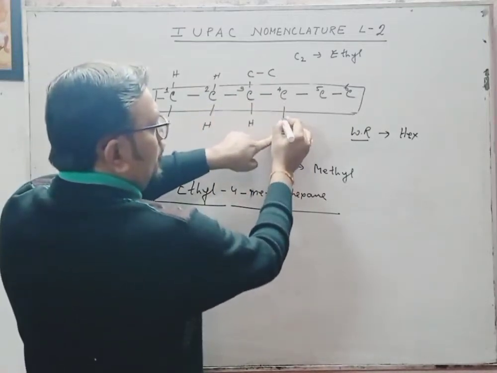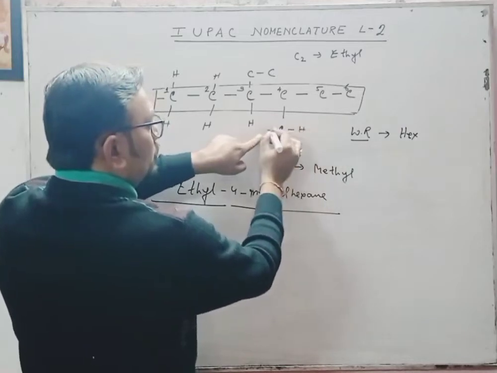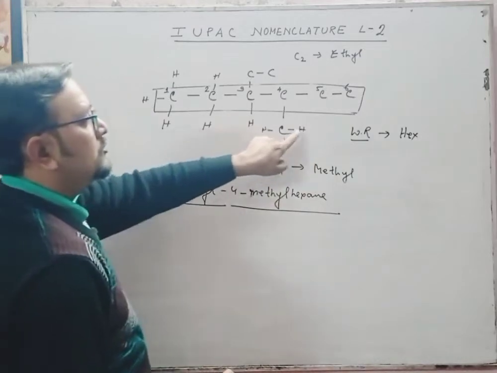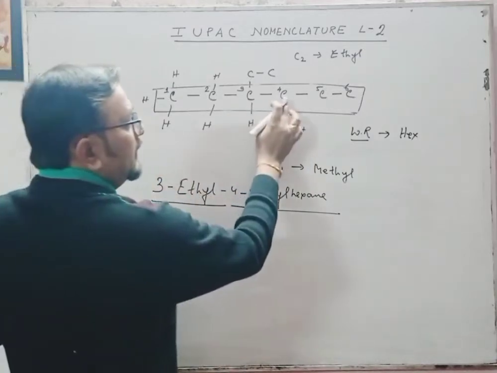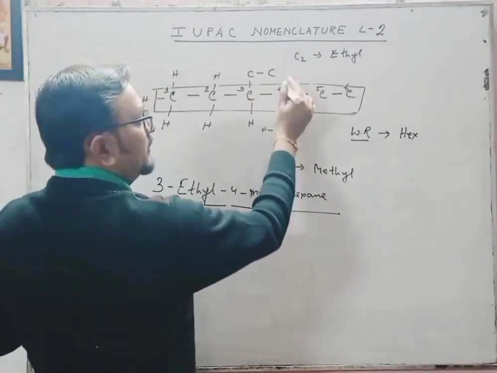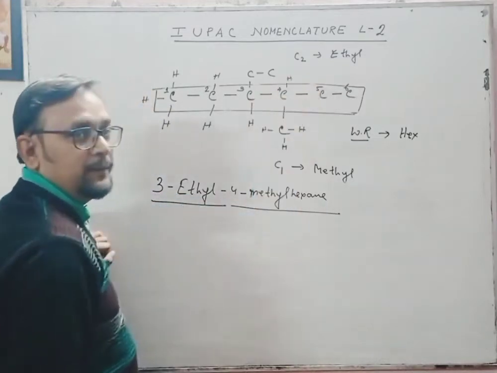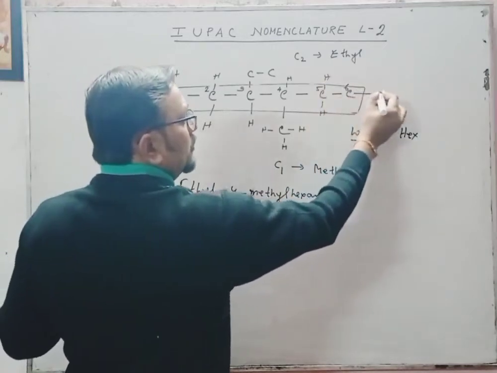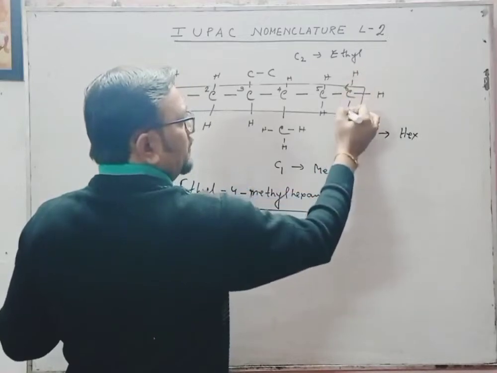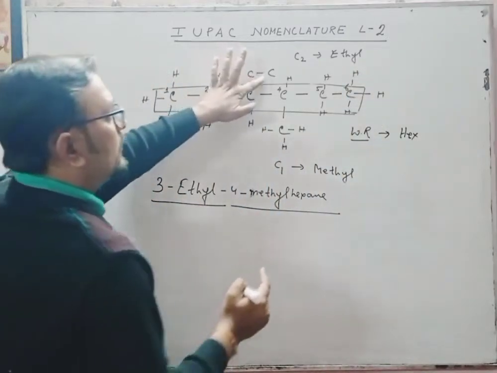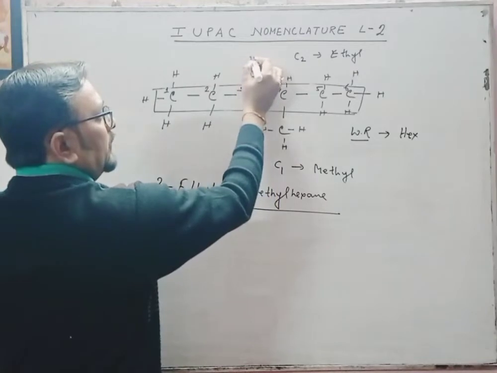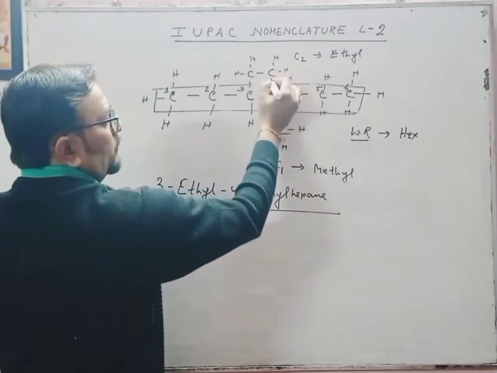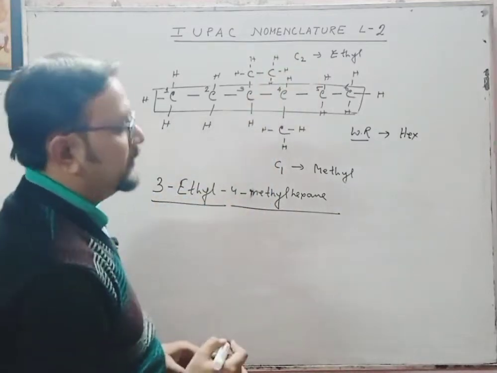In the fourth carbon, 1, 2, 3, already 3 bonds are given, so one more hydrogen I will place here. Finally here 1, 2, 3 and 4. Here 1 is already given, then 2, 3, 4. So like that it goes on and we complete the structure.